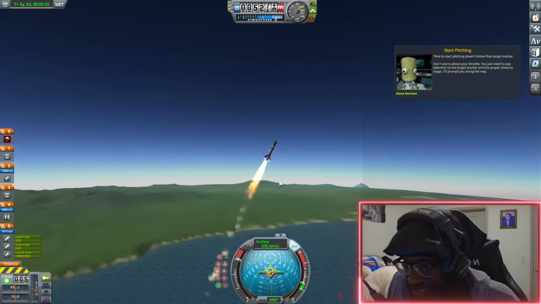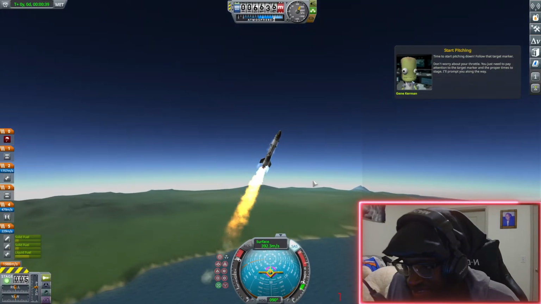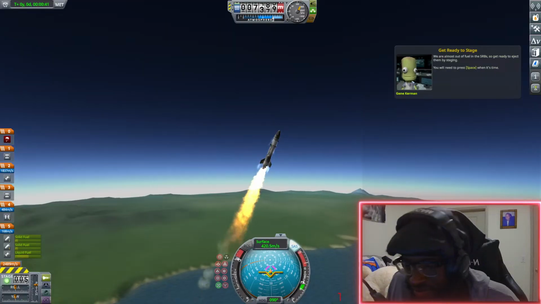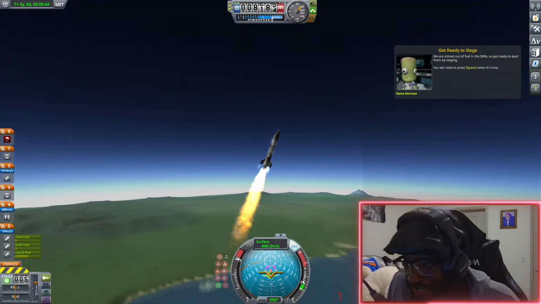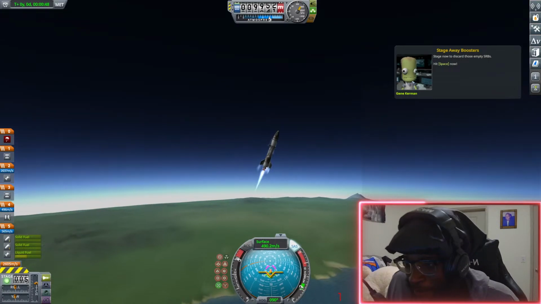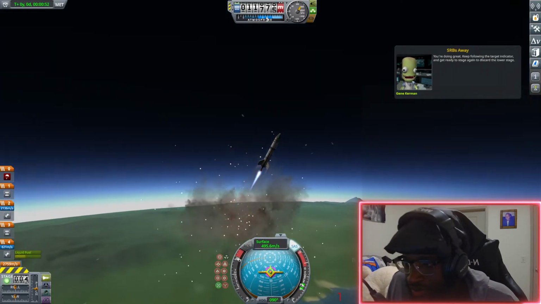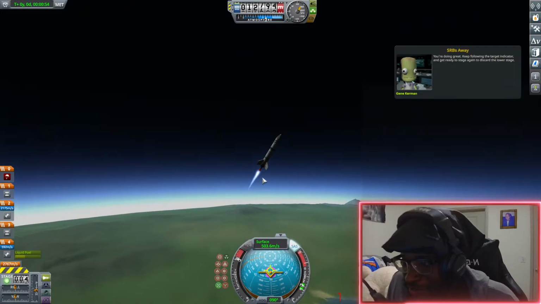Guess it's because I was deviating to the left. Oh, flaps. You don't have flaps on here. Oh, okay, Starship, calm down.